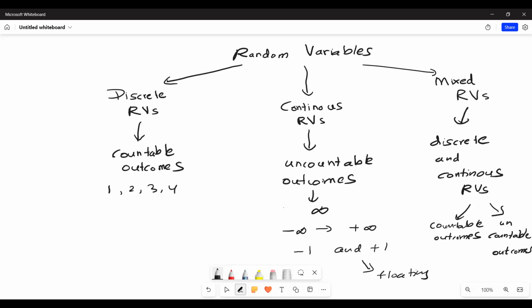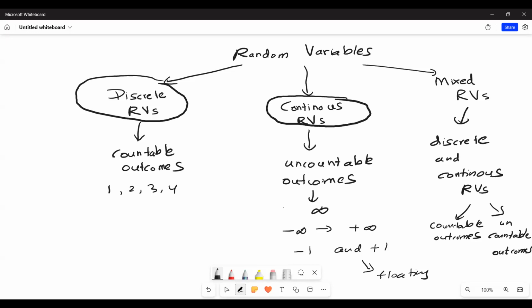So that is basically regarding the definition of random variables, how we can categorize them into different random variable types. This is just the beginning. We are going to go through discrete random variables and continuous random variables mainly.